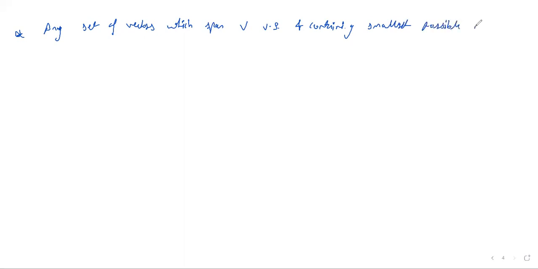If I'm talking about this in terms of linear independence, then any set of vectors which spans V and contains the smallest possible number of vectors must be linearly independent.